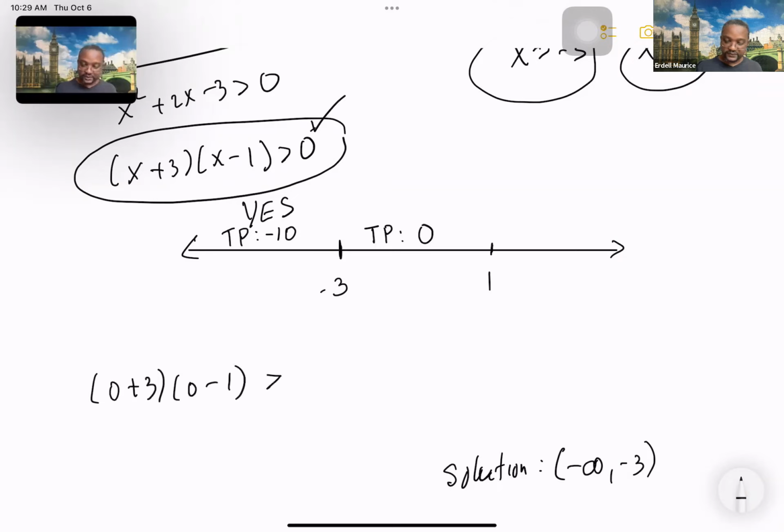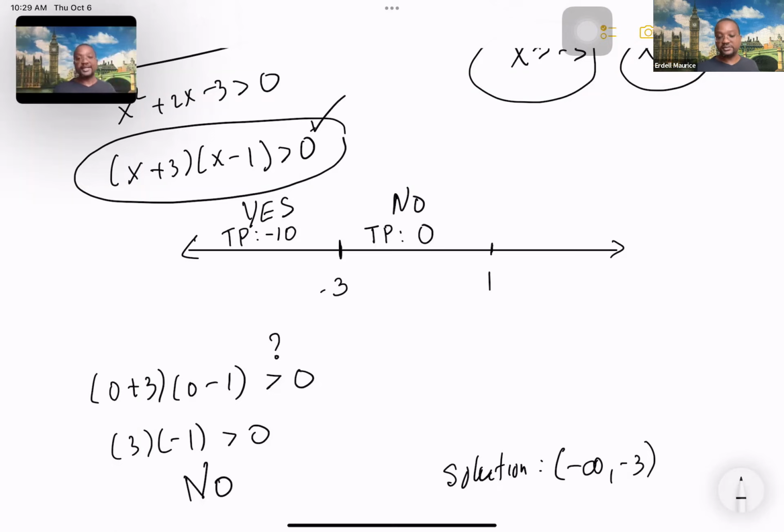And I want to know, is this greater than 0? That's going to be 3 times negative 1. Is that greater than 0? No, it's not, because 3 times negative 1 is negative 3, and negative 3 is not greater than 0. So that's going to be a no. And so therefore, we do not want numbers between negative 3 and 1, because that does not result in an answer that's greater than 0.